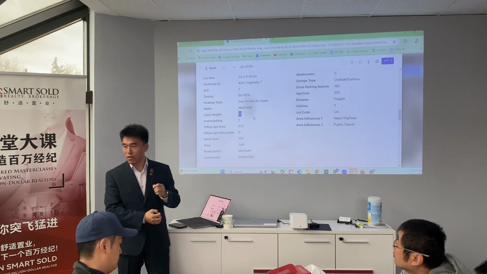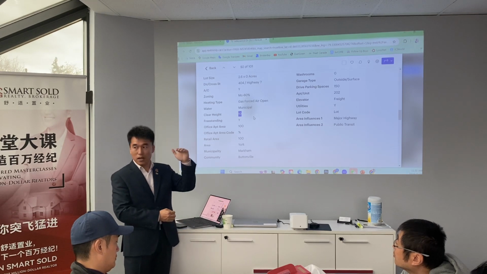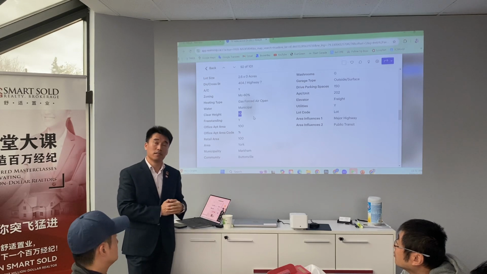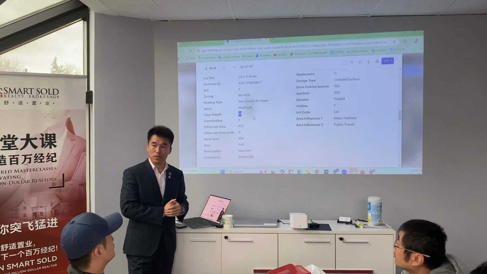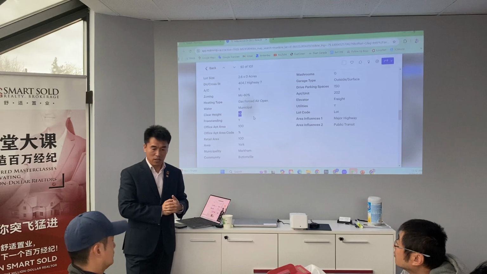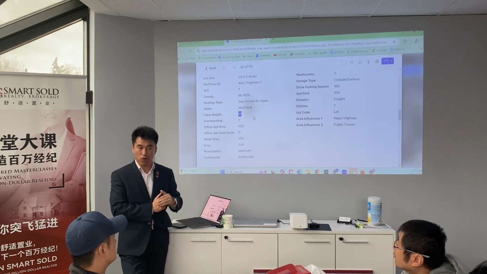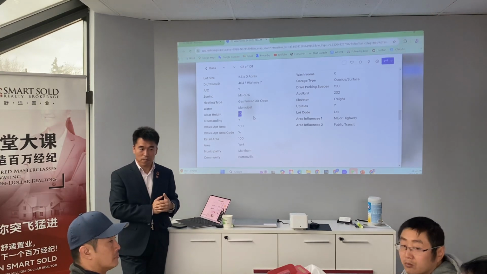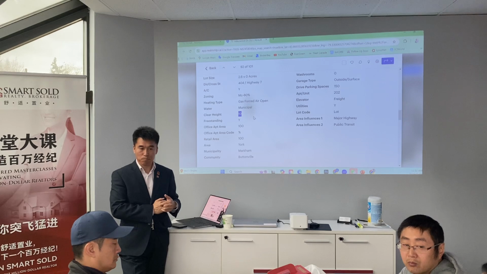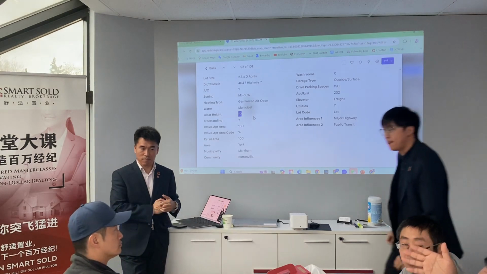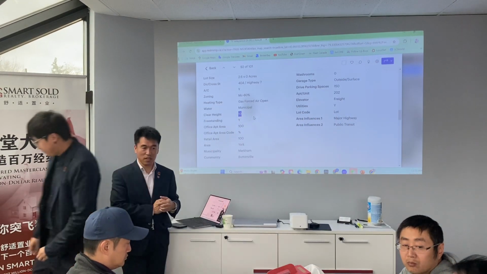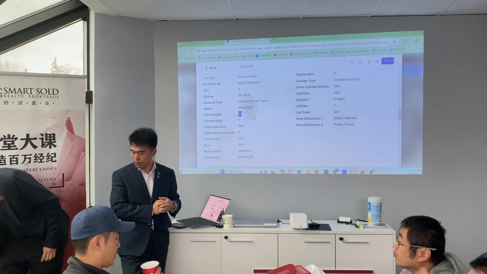For a warehouse, do you know why the height is important? The first, usually they will use some elevator. Not elevator, I don't know exactly. Lift. Lift, okay.